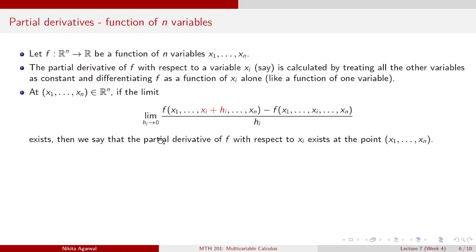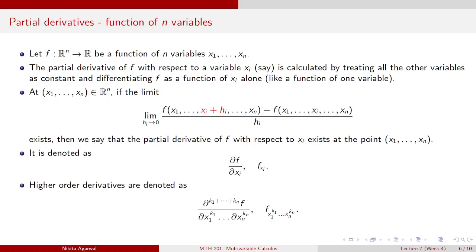So if you are differentiating with respect to xi, you keep everything else fixed, you only change this term. Okay, and I have used h sub i just to emphasize that I am changing the xi-th term. There's nothing great about hi, it's just a notation, it's just a number that's going to 0. So if this limit exists, we say that the partial derivative of f with respect to xi exists at the point x1 through xn.